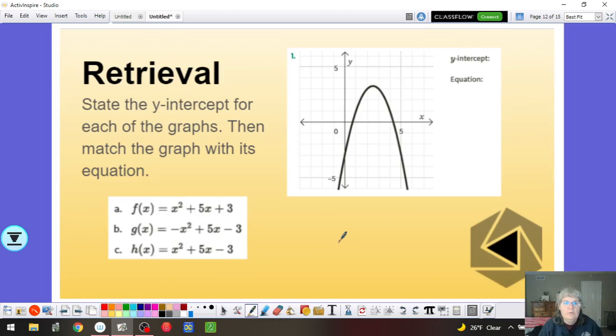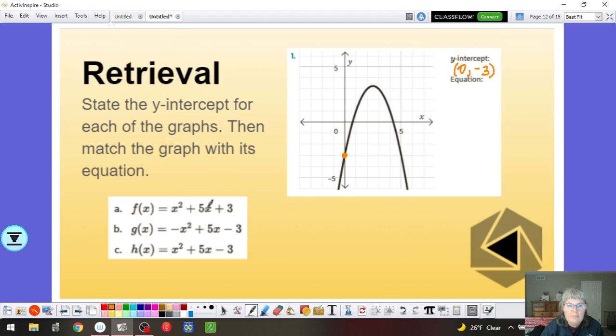Our retrieval, we're stating y-intercepts and then matching the graph with its equation. So the y-intercept for this particular graph, remember the y-intercept is where the graph crosses the y-axis. This particular y-intercept is located at 0, -3.